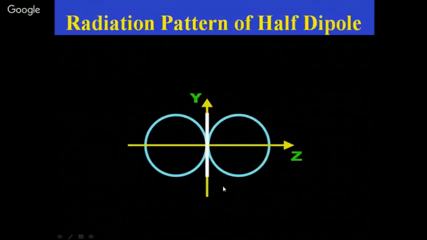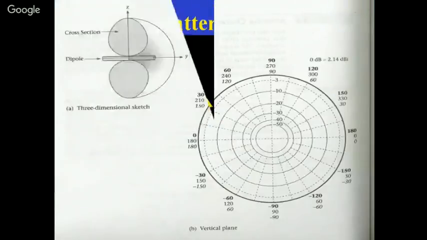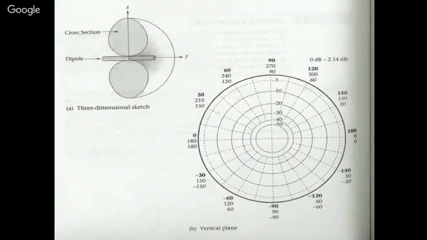It is XY plane, not the ZY plane. That was a figure done by computer. This is a figure done by the actual data taken from radiation pattern measurement equipment. This is the dipole and this is the wave shape.